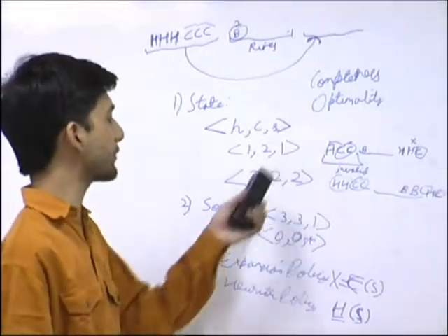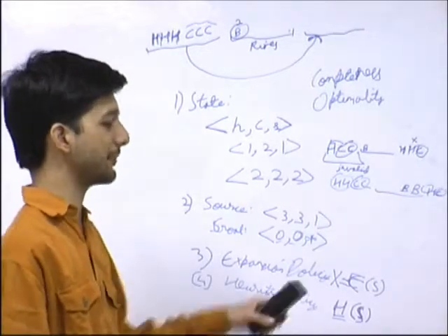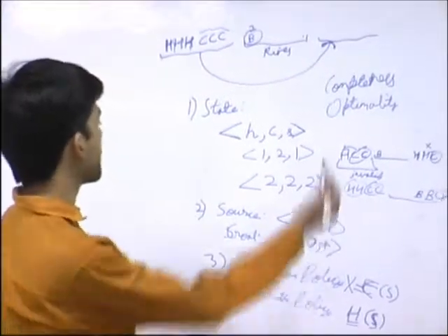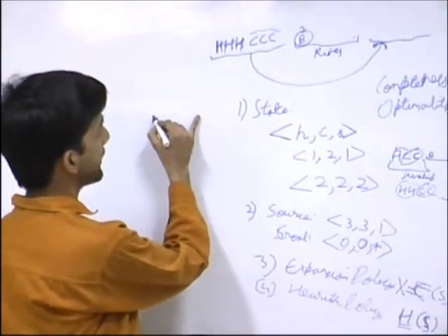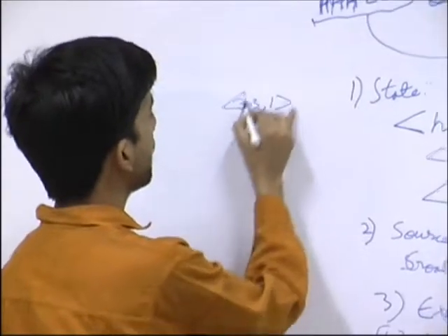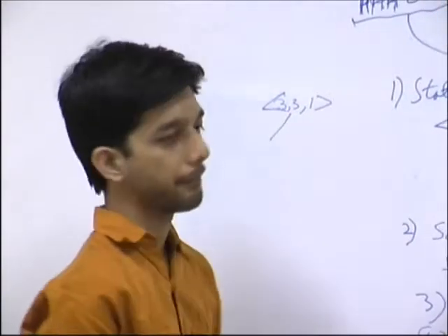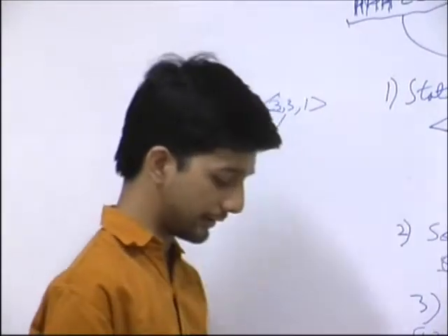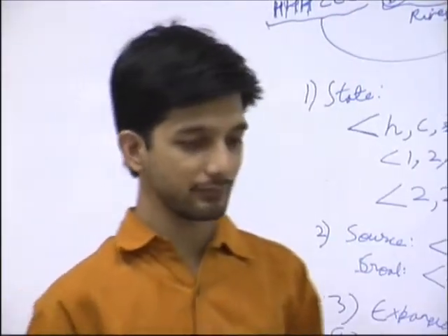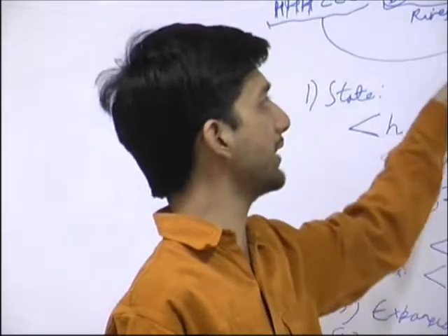What would be interesting is to have some kind of graph over here, so that I can probably say that we start with 3, 3, 1. Normally you can assume that two people would be going out in a boat from left to right.